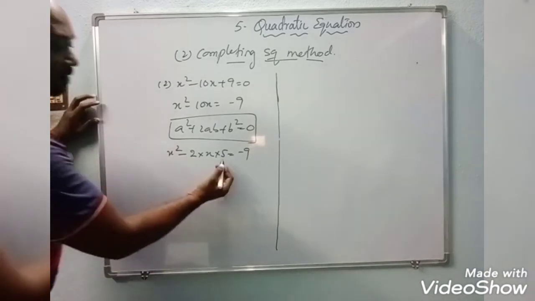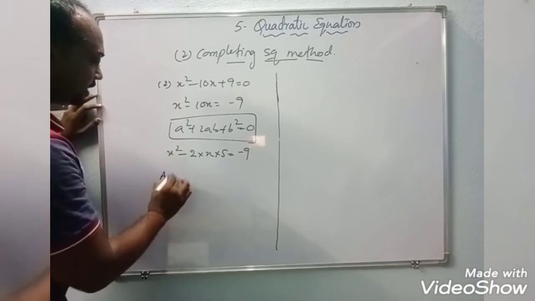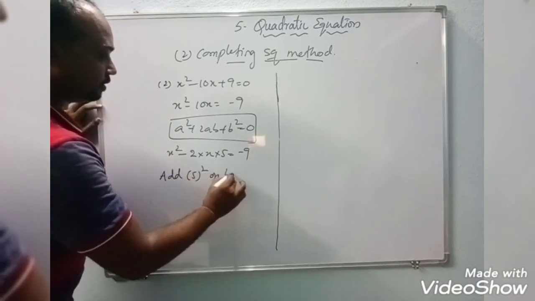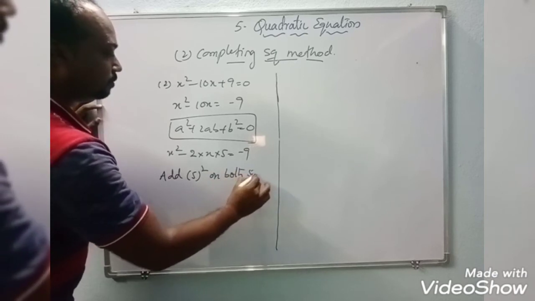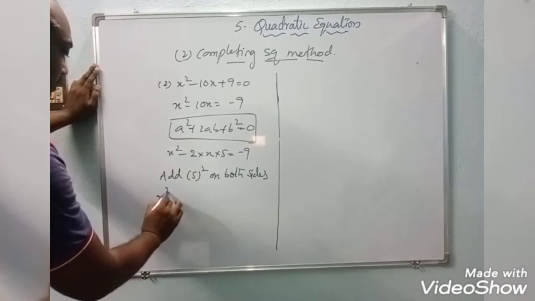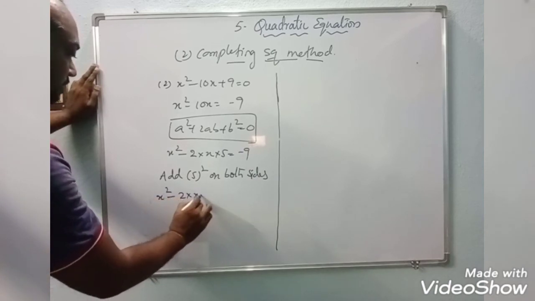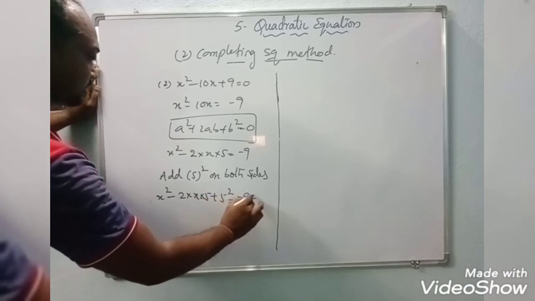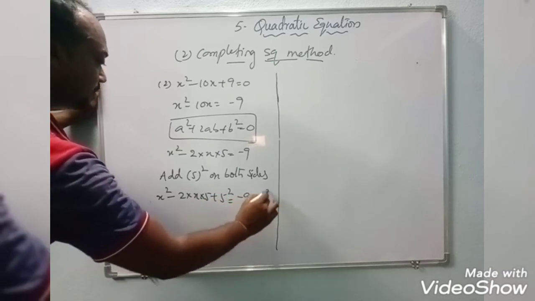So if the b value is 5, then we have to add 5 square on both sides. Now if I add 5 square on both sides, you will get x square minus 2 into x into 5 plus 5 square is equal to minus 9 plus 5 square. Right?